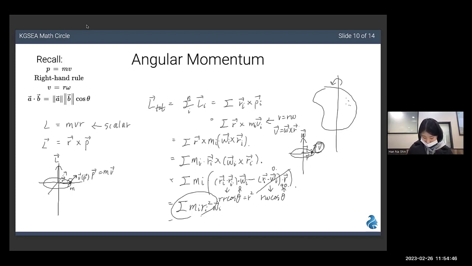So that means that angular momentum in conclusion is I omega. And we can see that this I omega here is parallel to what we already know about momentum. So I is just parallel to m, and omega is parallel to v. So here we see this parallel going on.